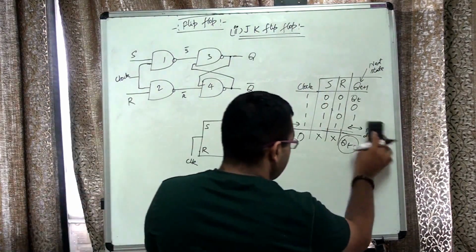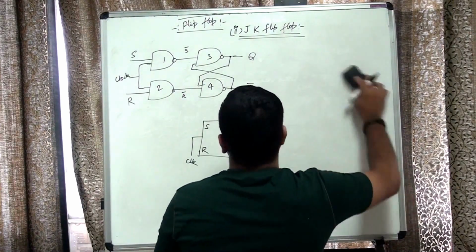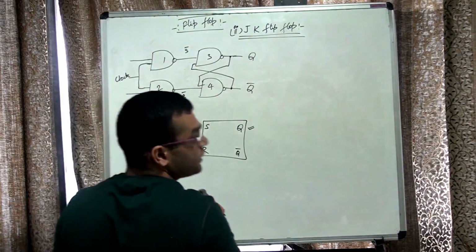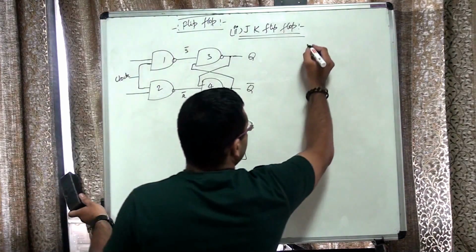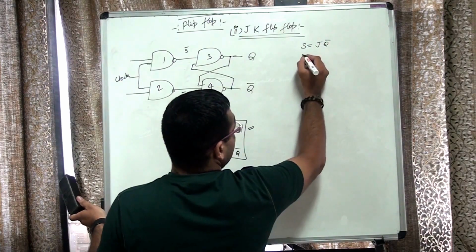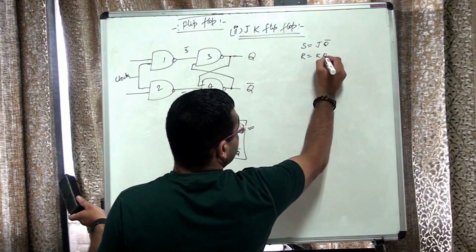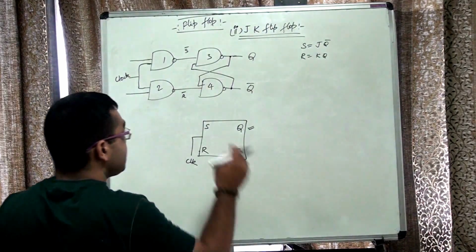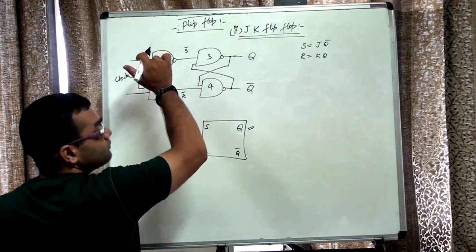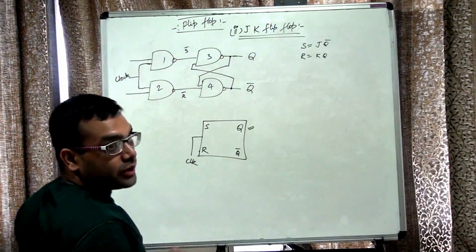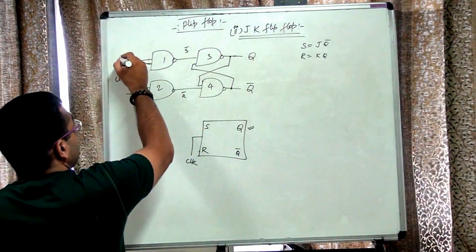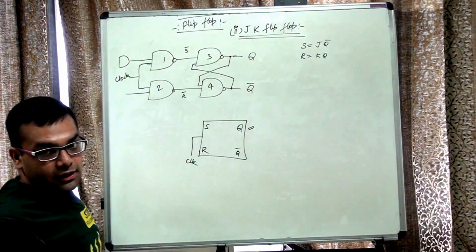So instead of S and R, we now have our JK flip-flop. The only difference in the design of the JK flip-flop is that in place of S we have J Q bar, and in the case of R we have K Q. That means in the design of the circuit, if we want to keep the 1 and 2 as 2-input NAND gates, we can affix over here an AND gate whose inputs are J and Q bar.